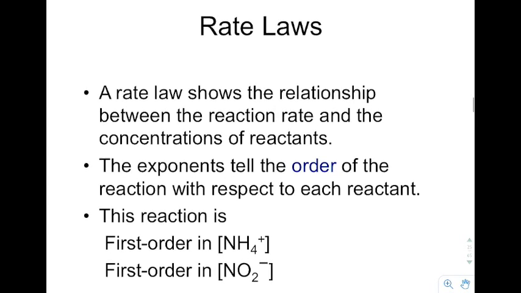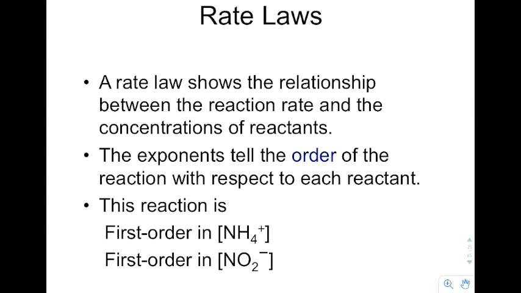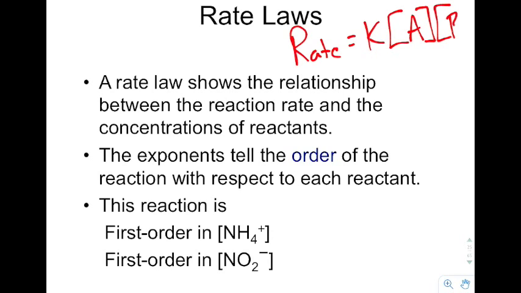Now, whenever you look at a rate law, the rate law shows the relationship between the reaction rate and the concentration. So you have something like rate is equal to k, and then you have usually [A] and then [B]. Okay, that's an example of a rate law. Now you can have exponents involved here. For example, you could have a 1 here and a 2 here.